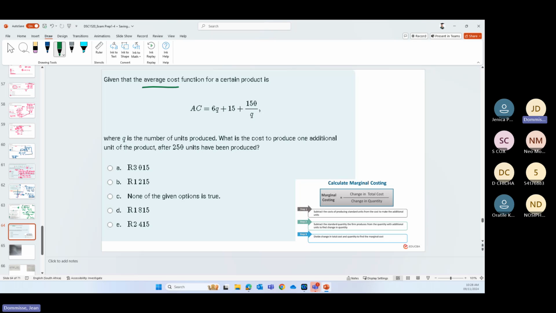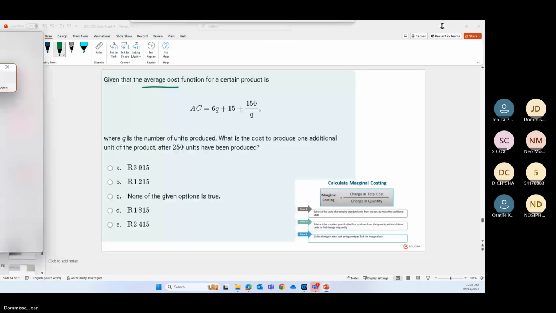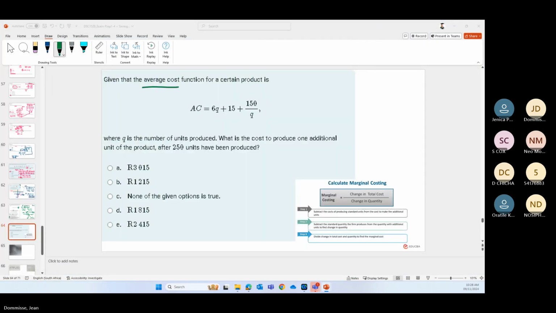And then the question is, okay, now that we have average cost, what do we need to do? So where do we go from this one to get to the next one? So once again, any ideas that you guys have, what you will do with an average cost?